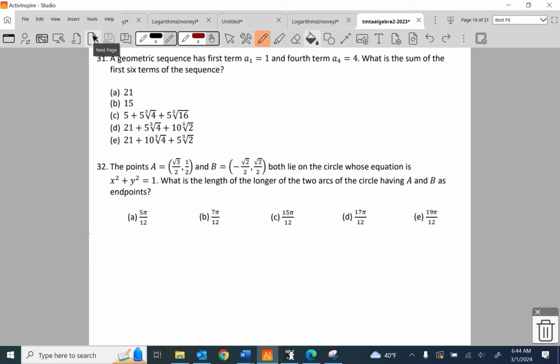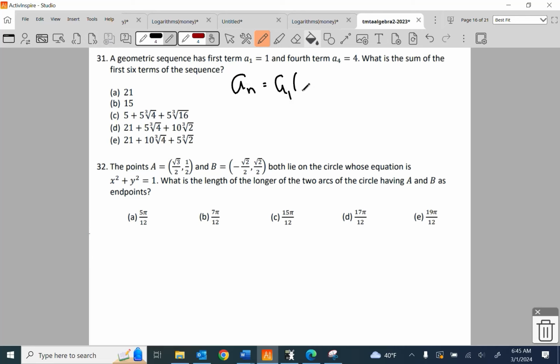Oh man, we were doing this right now. A geometric sequence has the first term a sub 1 equals 1, fourth term a sub 4 is 4. What is the sum of the first 6 terms of the sequence? There are lots of ways of doing this one, but since it's geometric, we probably start with this.